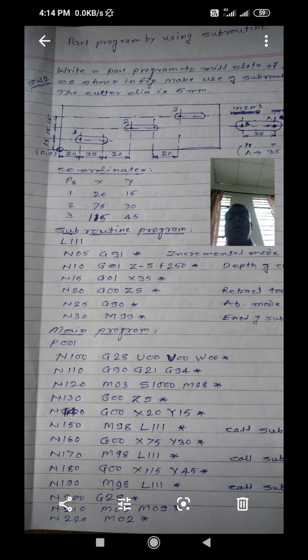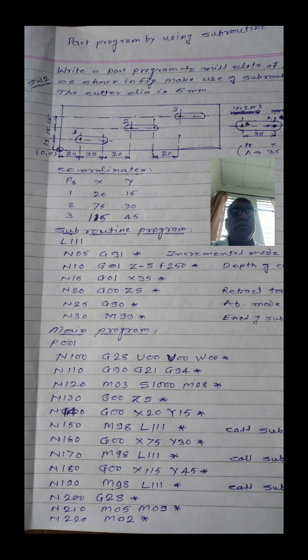Write one example. Write a part program to mill slots of a part as shown in the figure. Make use of a subroutine. The cutter diameter is 5 mm, meaning the slot width is 5 mm.